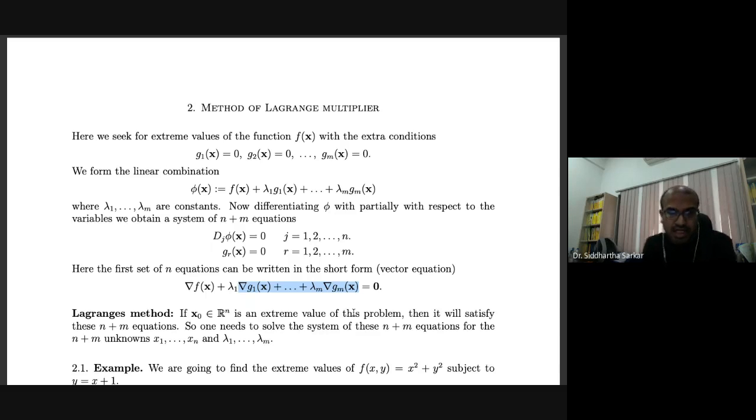It says that if I have an extreme value, then these equations are going to be satisfied, meaning these n plus m equations, which you find by solving for the values of the lambdas and xi's. This is not a sufficient condition, and therefore it is often known that Lagrange's method is not too good for many problems.